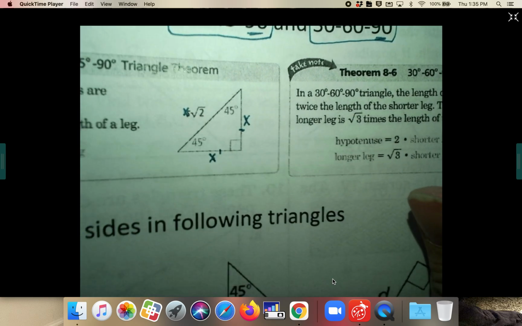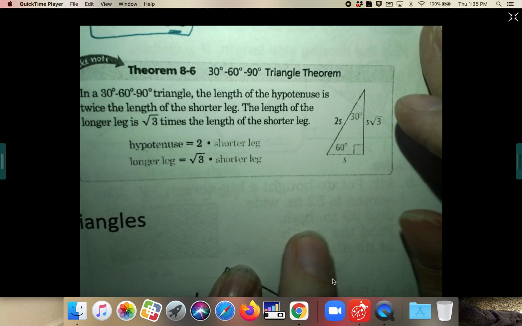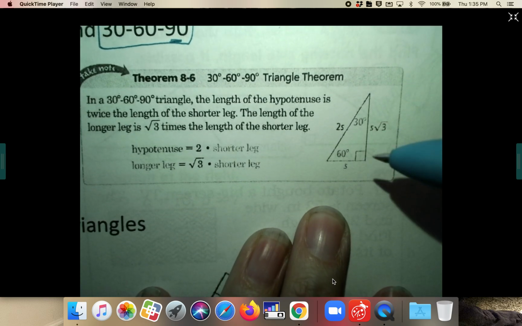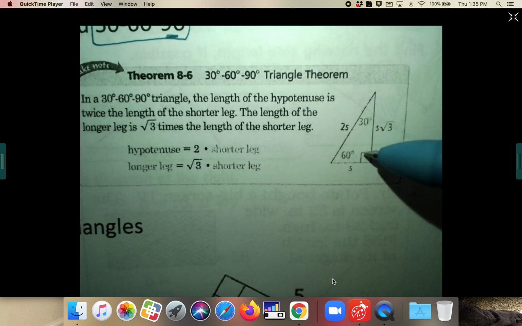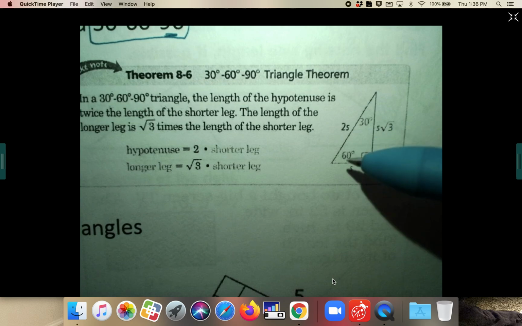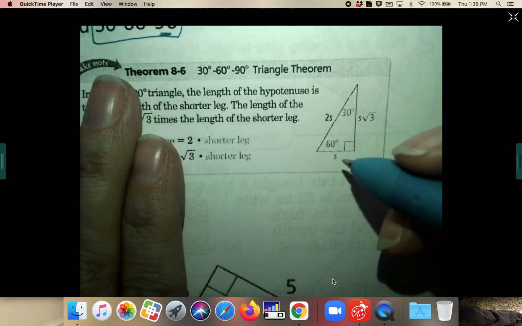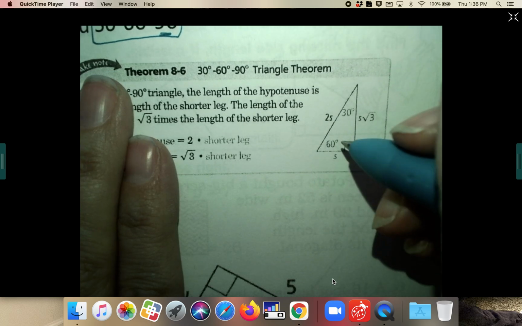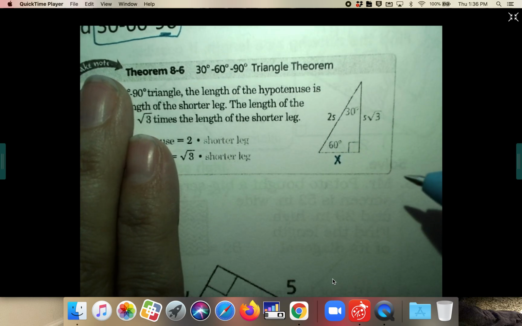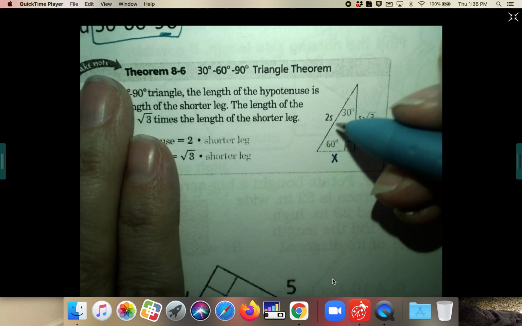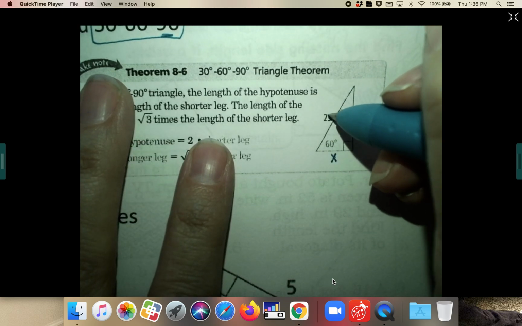All right, in a 30, 60, 90 triangle, all three sides are different, obviously, because you've got 90 degrees and then 60 and then 30. So the side lengths are all going to be different amounts. But what you'll notice is the short leg is just going to be x. The hypotenuse is 2 times x.